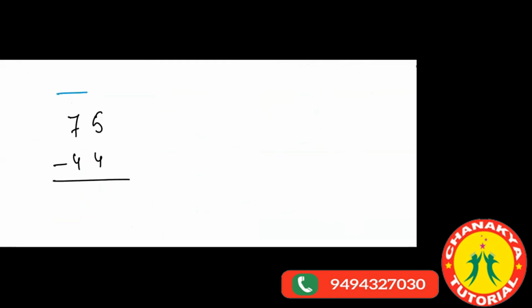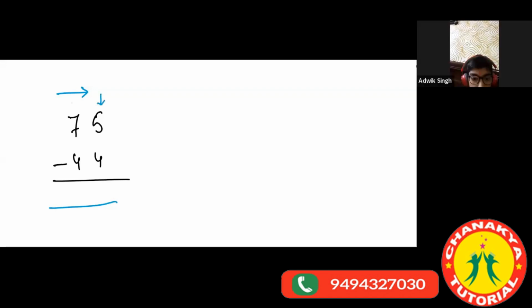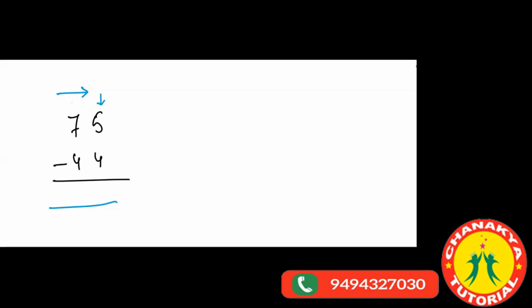First, we are going to do left to right only. Tell me, 7 minus 4. Match or mismatch? Match. What is the difference? 3. So simply take the difference 3. But before writing 3 here, what we have to check? We have to check the next place's match or mismatch. Next place is match or mismatch? Match.